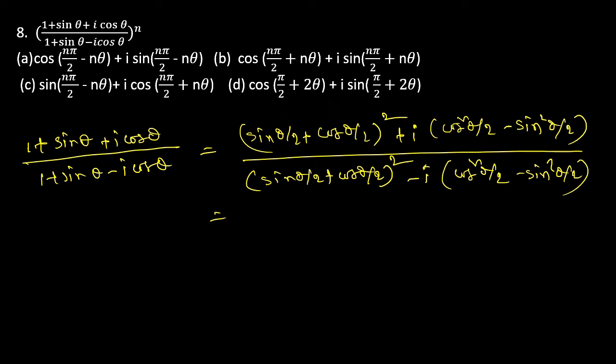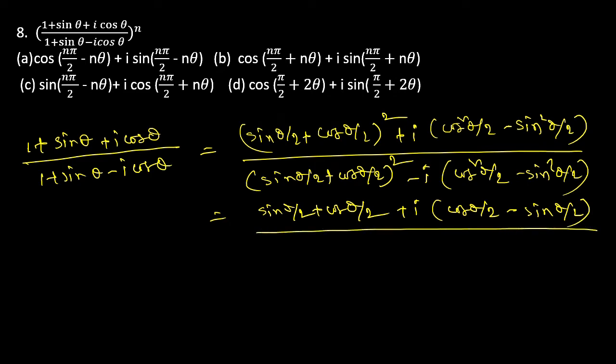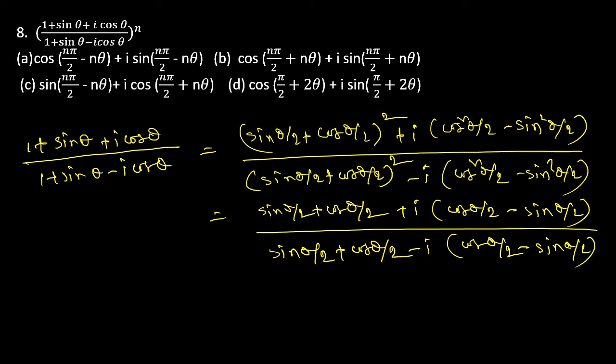Then we can take common sine theta by 2 plus cos theta by 2 from numerator and denominator. We get (sine theta by 2 plus cos theta by 2 plus i (cos theta by 2 minus sine theta by 2)) by (sine theta by 2 plus cos theta by 2 minus i (cos theta by 2 minus sine theta by 2)).